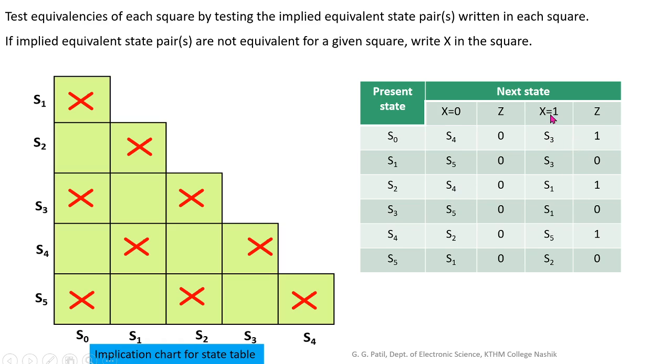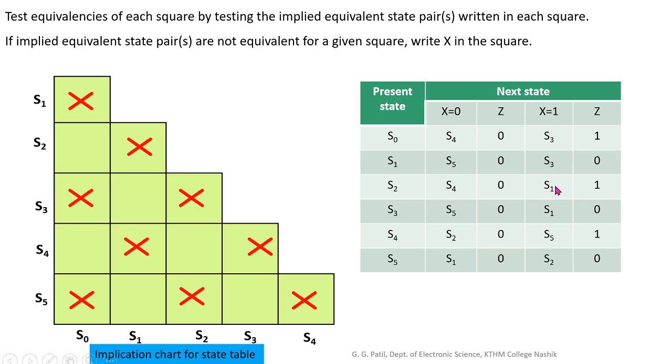Here under input x equals 1, see the next states here are S3 and S1. So we can say S0 is equivalent to S2 if and only if S1 is equivalent to S3, or S3 is equivalent to S1.